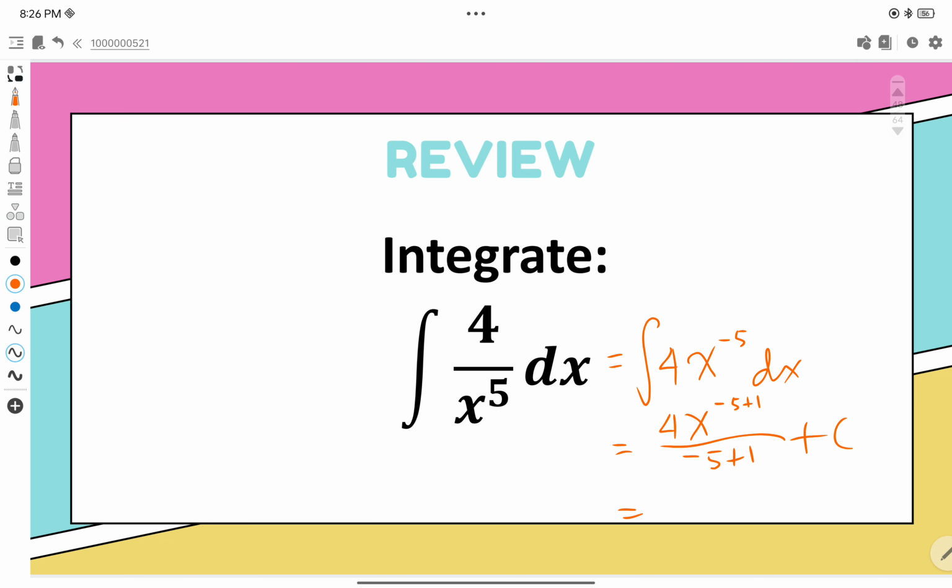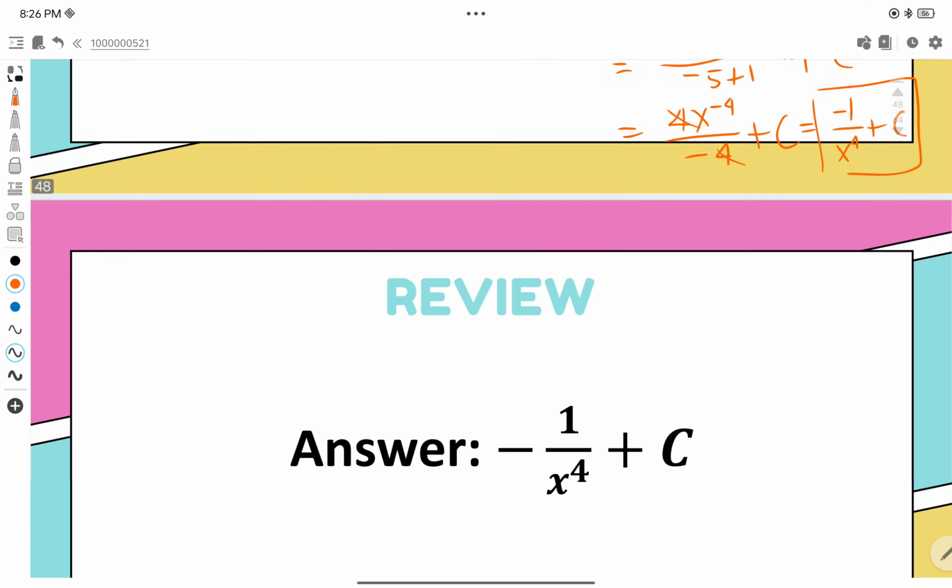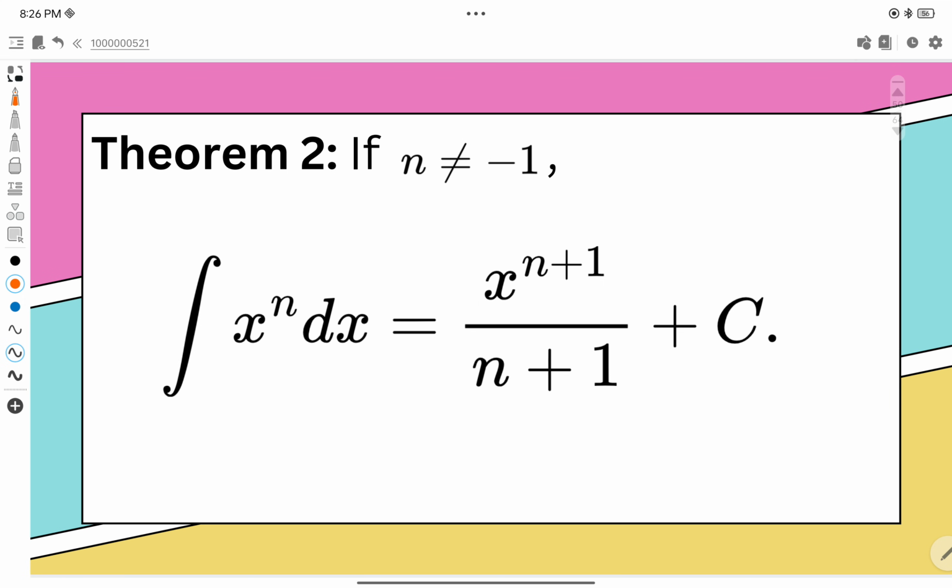Let's simplify first: 4x to the negative 4 over negative 4 plus c. We have a negative exponent, and we have 4 over 4. So this is negative 1 over x to the positive 4 plus c. Okay, correct. So the law that we apply on those examples is theorem number 2.